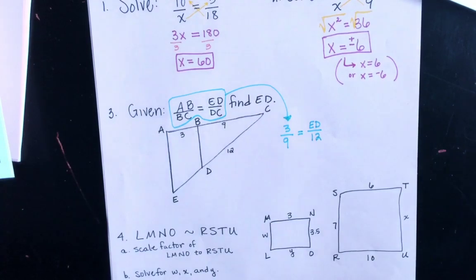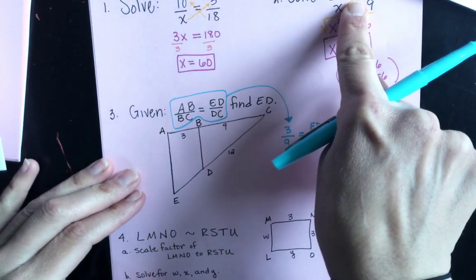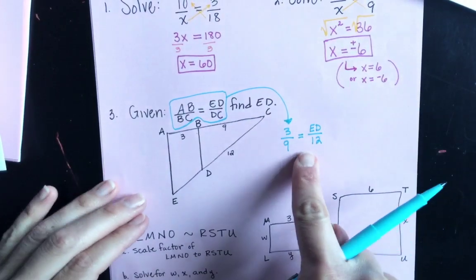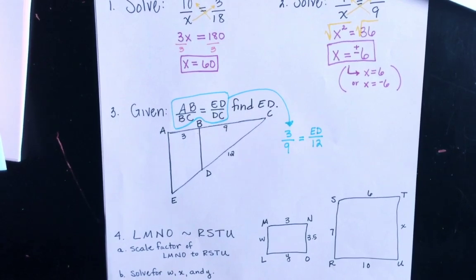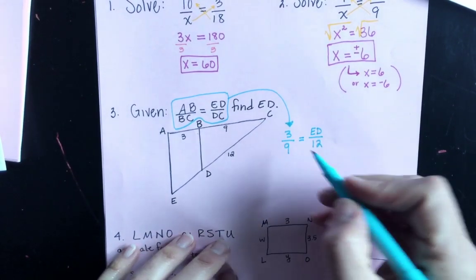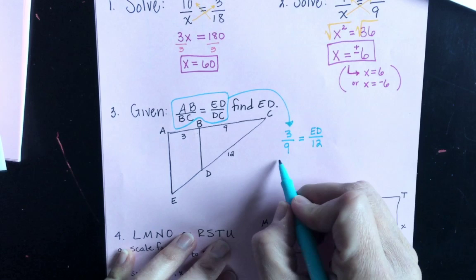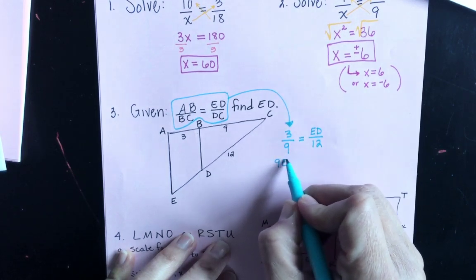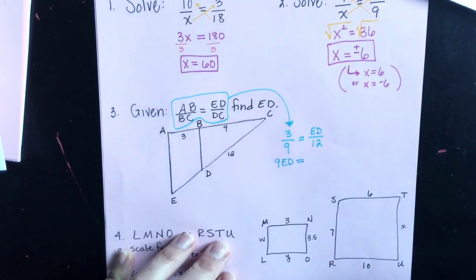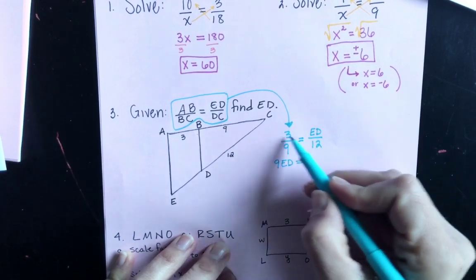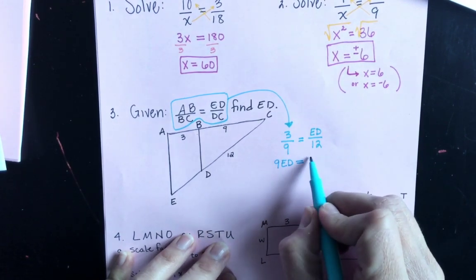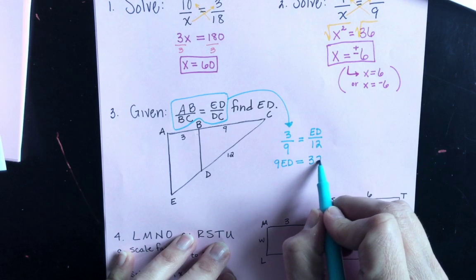So now, just like before, where it was just solve the proportion, we now have our proportion to cross multiply and solve. So we are going to cross multiply 9 times ED, and we put our equal sign, and then we cross multiply in the other direction, 3 times 12, which would be 36.